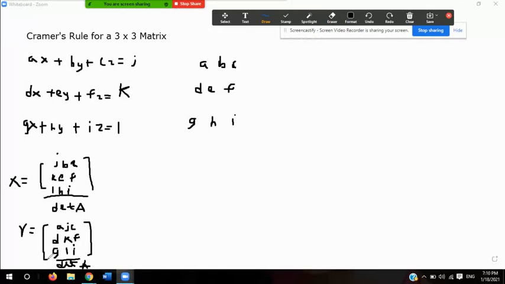Z would equal A, B, J; D, E, K; G, H, L, over the determinant of A.